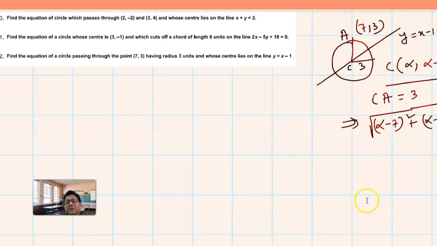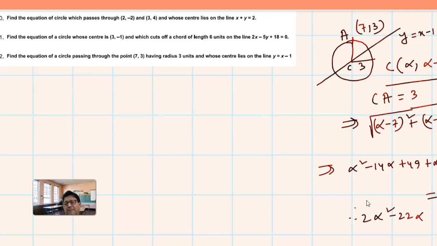By solving this, we can get the value of alpha quickly. So this is alpha square minus 14 alpha plus 49, alpha square minus 8 alpha plus 16 equal to 9. So 2 alpha square, 22 alpha, that is 56 equal to 0.